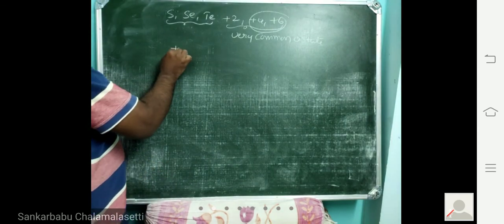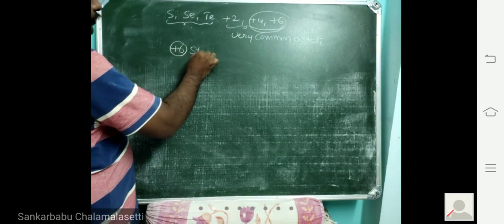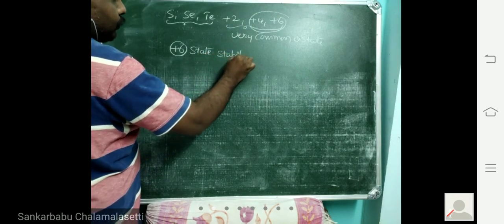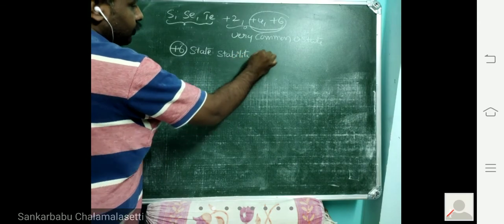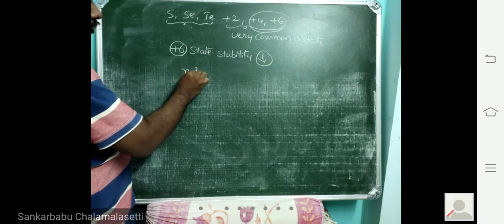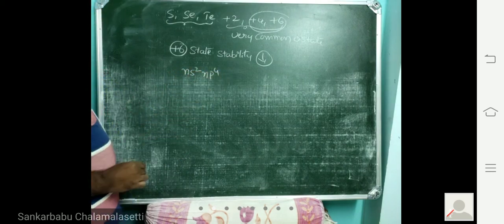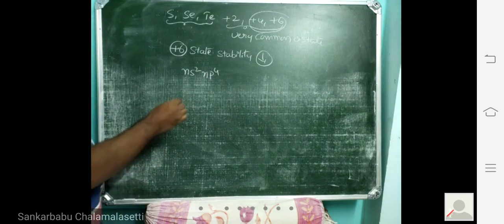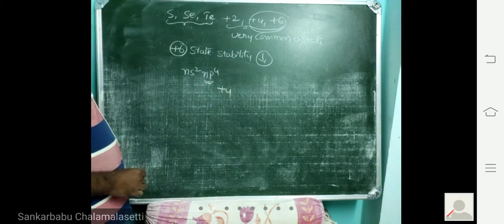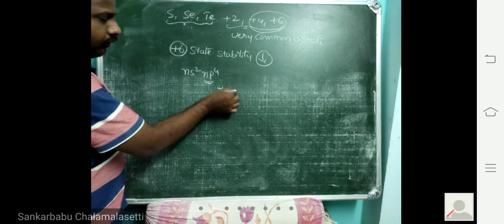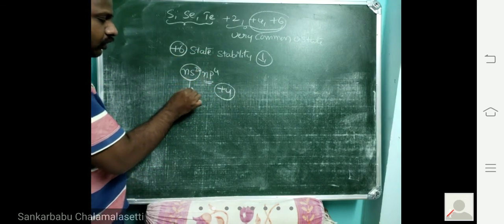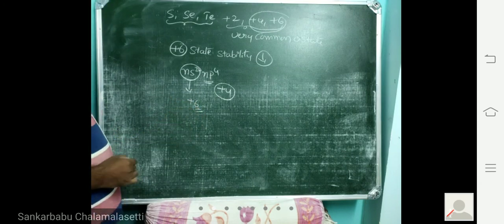The stability of the +6 oxidation state decreases from top to bottom. Because the general electronic configuration is ns2 np4. If these elements lose the last 4 electrons, then the oxidation state is +4. Along with these 4 electrons, if they lose these 2 electrons also, then the oxidation state becomes +6.